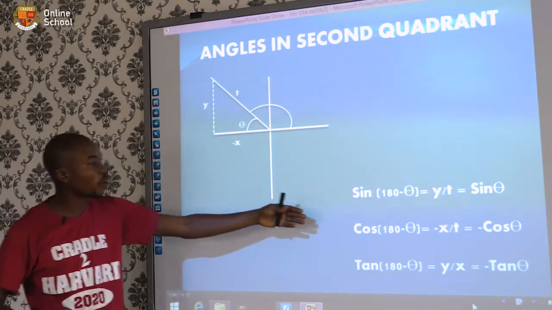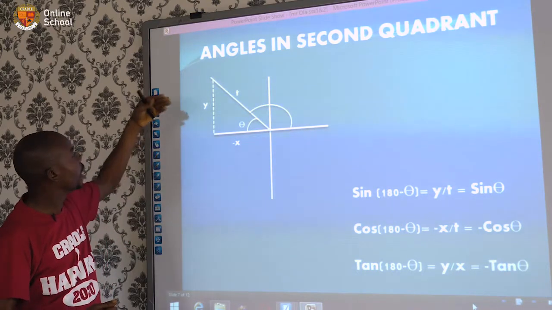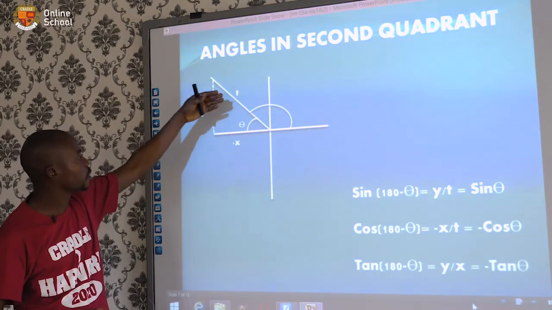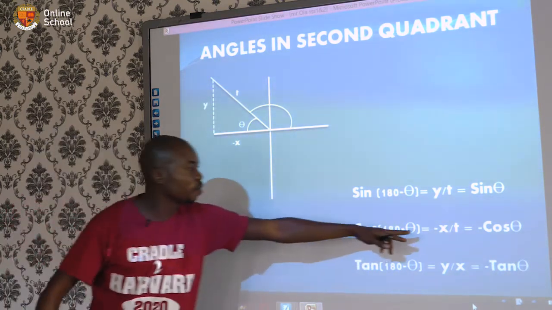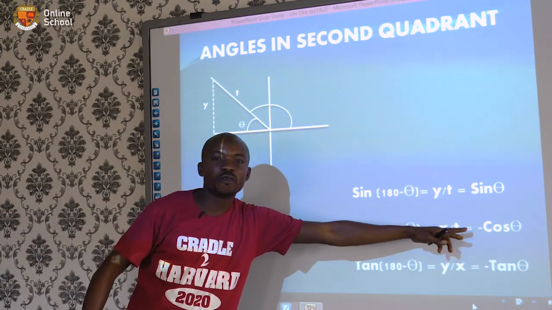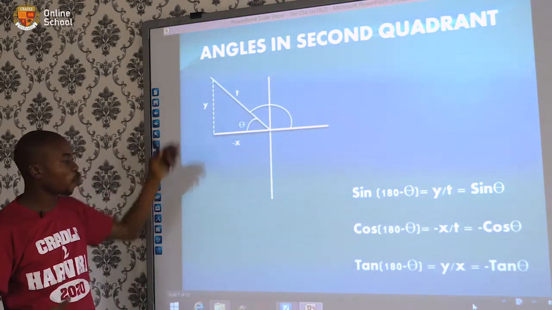Now, if we consider cos of 180 minus theta, adjacent over hypotenuse: adjacent here is a negative x over t, so the value of cos is going to be negative in the second quadrant.